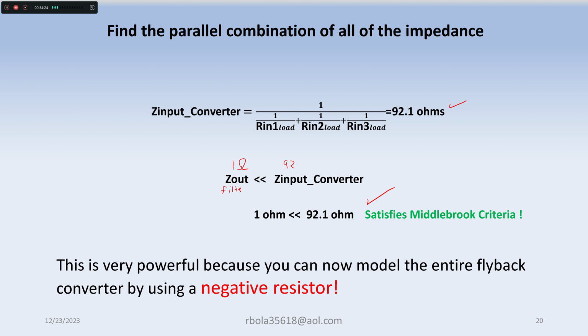So this is very powerful, because now the implication is, if you know the input impedance of the converter, you can now use a negative resistor to model and do some transient step functions, and you will get some very interesting results.